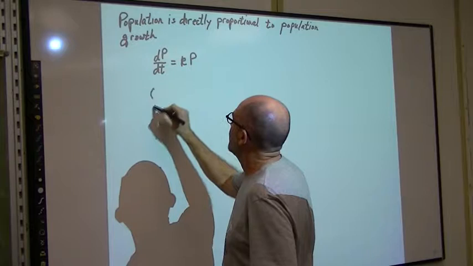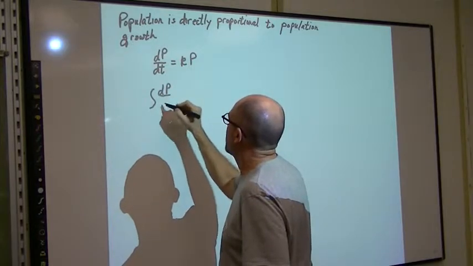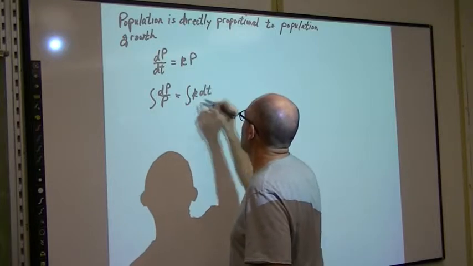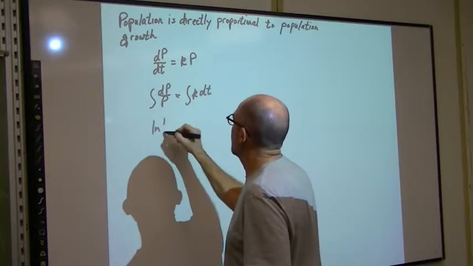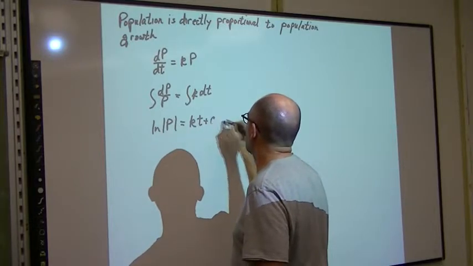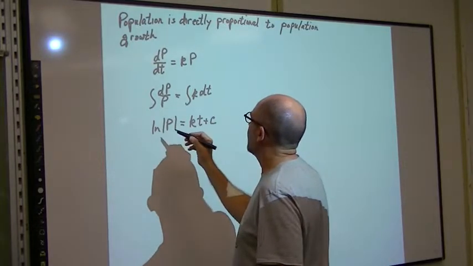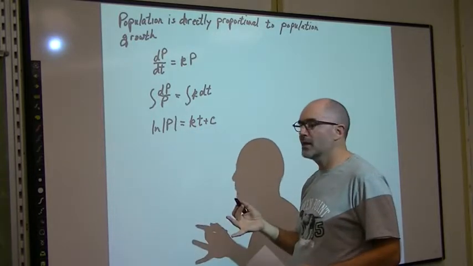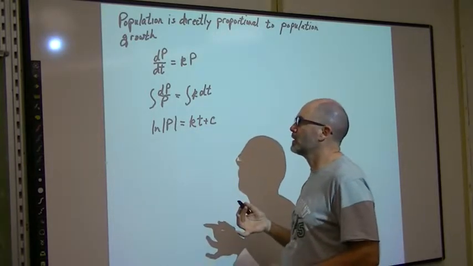So we go integral of dP over P equals integral of k dt, which means natural log absolute value of P equals kt plus C. Now, we're going to get rid of the absolute value right away because population has to be positive.